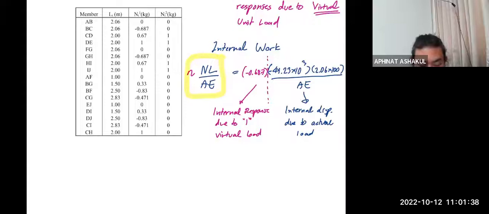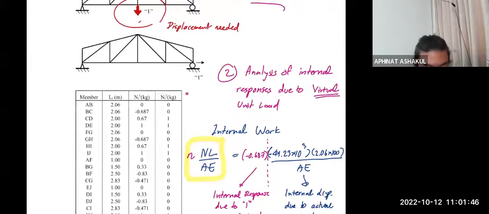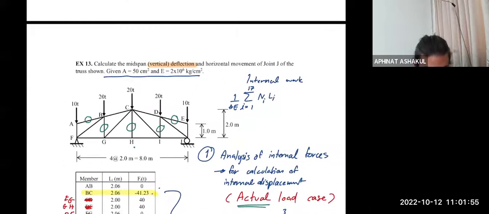So that's why we can create a table and sum it up. Okay, and one more thing before we move on, I also include the second case, that is a calculation for the horizontal movement of joint J.